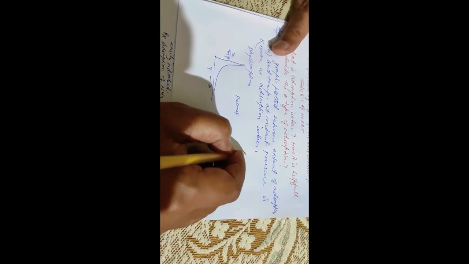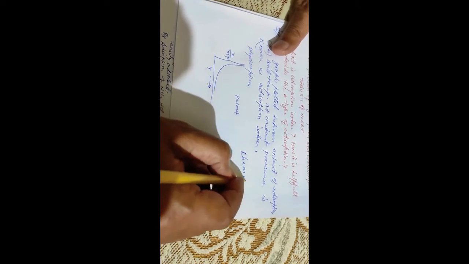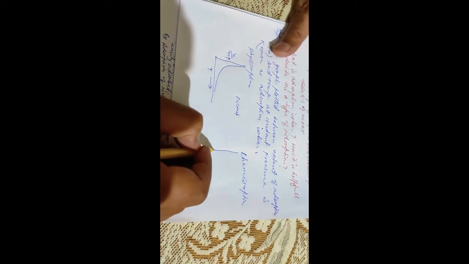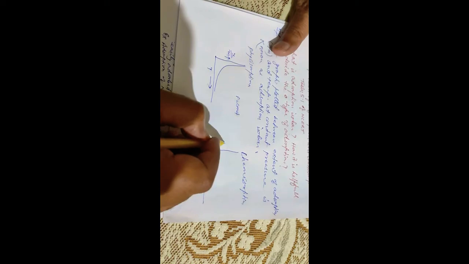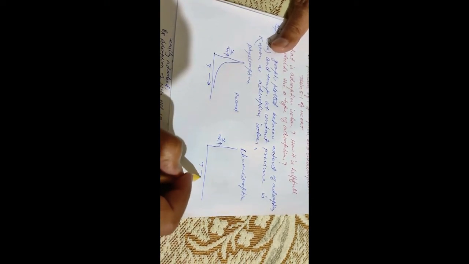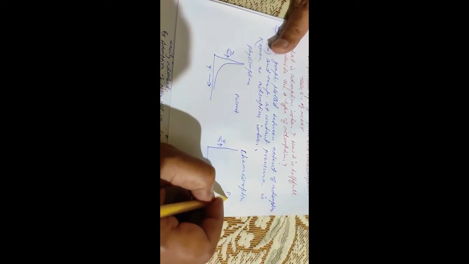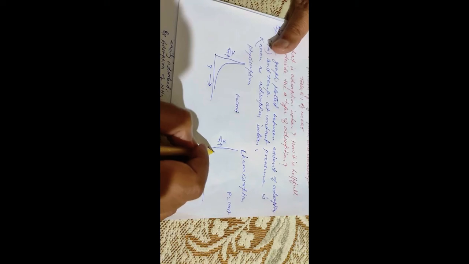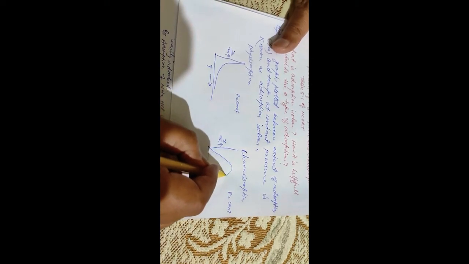And for chemisorption, this is x by m on the y-axis, temperature on the x-axis, P is equal to constant here. So the nature of the graph is like this.